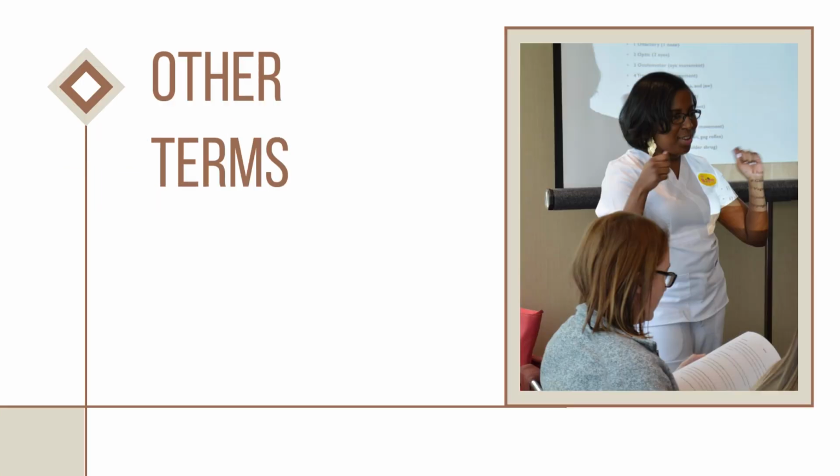Other terms I like to tell you to familiarize yourself with: emancipated minors. These are people under the age of 18 who don't require adult consent. Those are the ones who are married minors, or those who are active in the military. Advocacy. Make sure again to familiarize yourself.